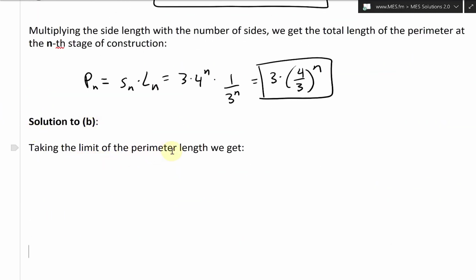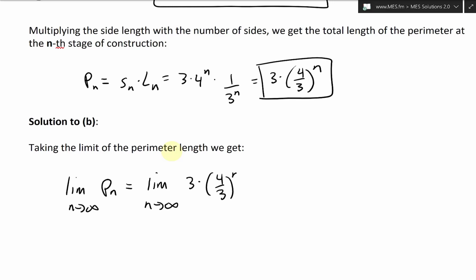So taking the limit of the perimeter length, let's write this as the limit as n approaches infinity of Pn. This equals the limit as n approaches infinity of 3 times (4 over 3) to the n. So in other words, this just goes to infinity, because we get 3 times 4 over 3 to the infinity.